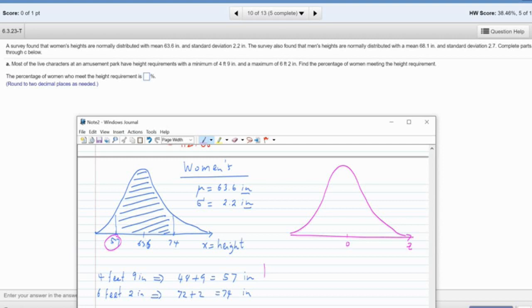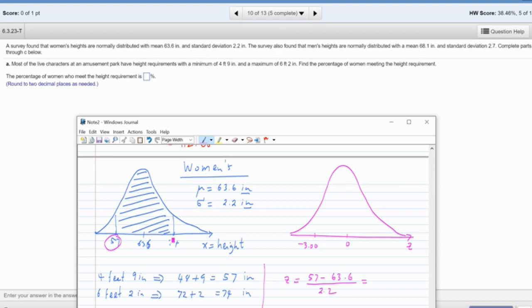How will you convert 57? z equals 57 minus 63.6 over 2.2. So 57 minus 63.6 divided by 2.2, I get negative 3.00.